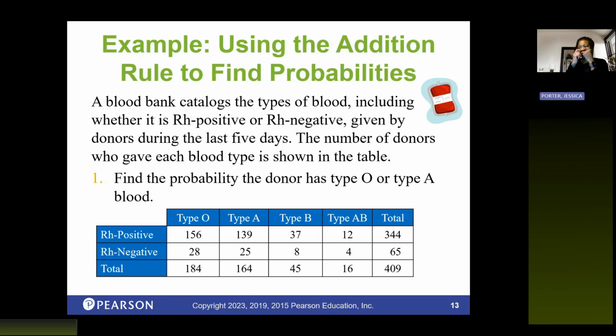Oh, all right. So a blood bank catalogs the types of blood, including whether you're Rh positive or Rh negative, given by the donors during the last 5 days. Find the probability that the donor has type O or type A blood.